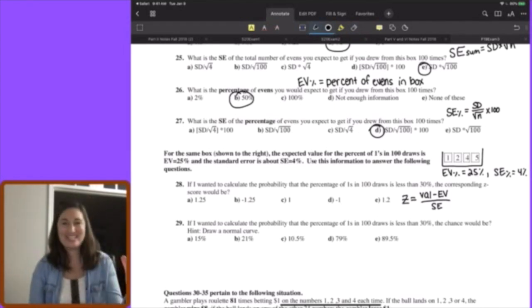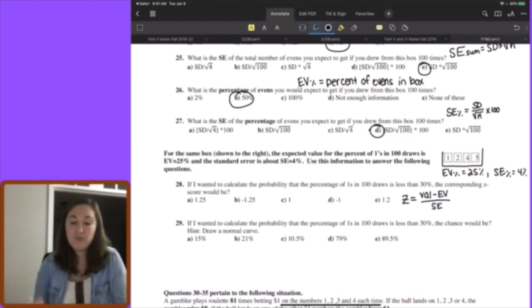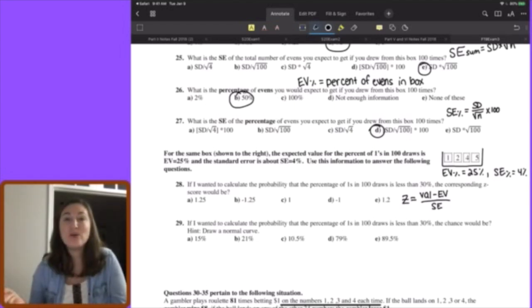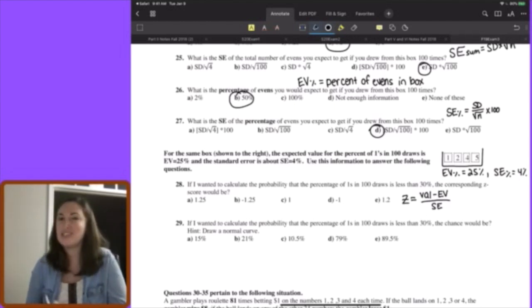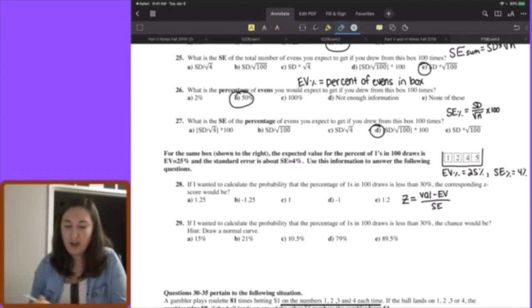If we just have a data set and there's no element of chance, we're given the data and we know exactly what it is. Whereas in exam 3, now we're talking about this idea of chance numbers and random variables. So we don't have an average per se and an SD per se. Instead, we have expected value and standard error. But they're very, very similar to the average and the SD. So hopefully that distinction is clear.